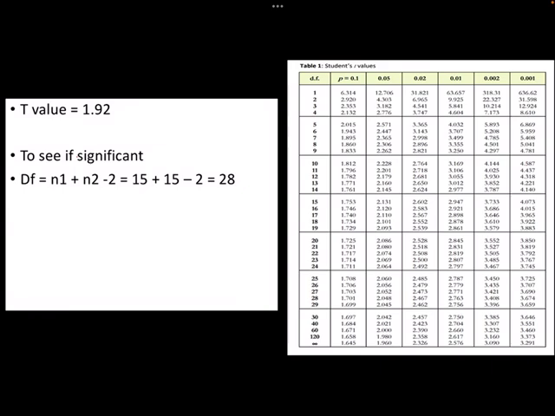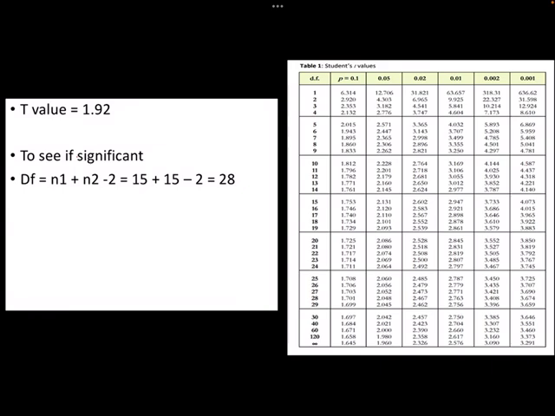Looking at the 28 degrees of freedom at P, we can look to see where this t-value of 1.92 lies. At 28 degrees of freedom, we can see that 1.92 lies between P equal to 0.1 and P equal to 0.05. Because when you look in the table there, at 28 degrees of freedom, at 0.1 the reading is 1.701, and at 0.05 the reading is 2.048.